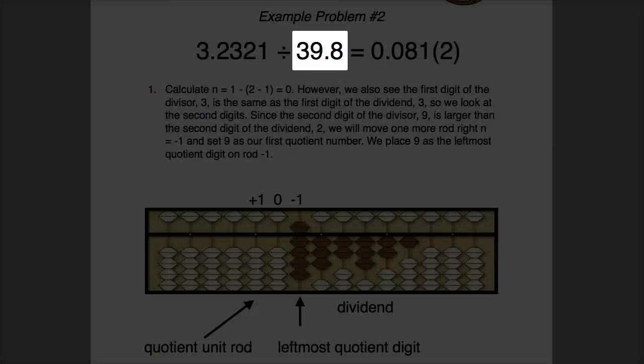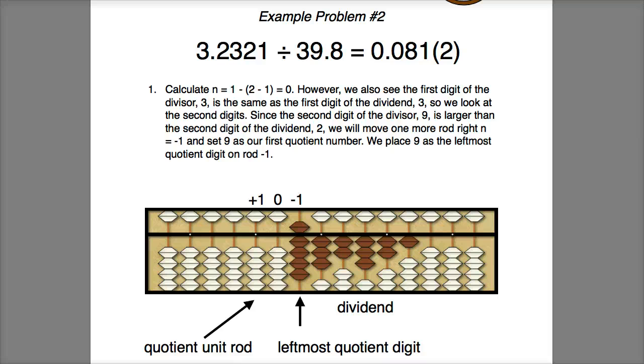And then the divisor, again, is a mixed number. We count the 2 digits of the whole part, the 3 and the 9, and assign it a value of 2. So plugging it into our formula for n, we have 1 minus 2 minus 1, which is 0.